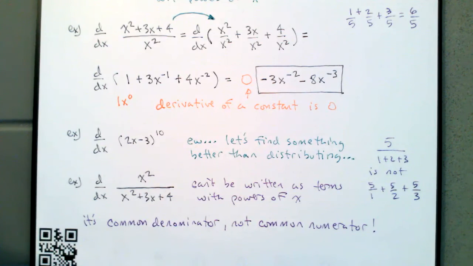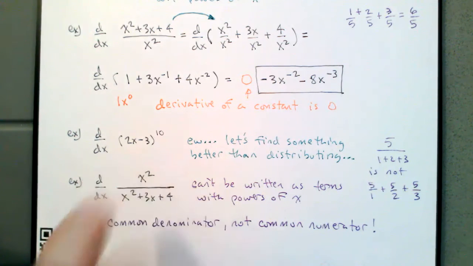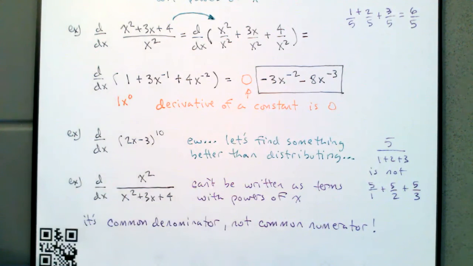So this particular rule is super useful combined with our awesome algebra skills. If we can write things as powers of x, then we should do that because then we get to say nx to the n minus 1. If it really came down to it, if I said 25% of your final is finding the derivative of this function and all you have is multiplying it out, then you just get to multiplying.